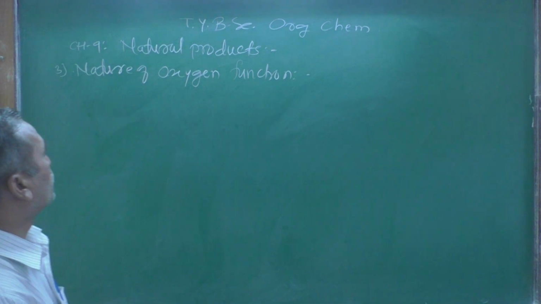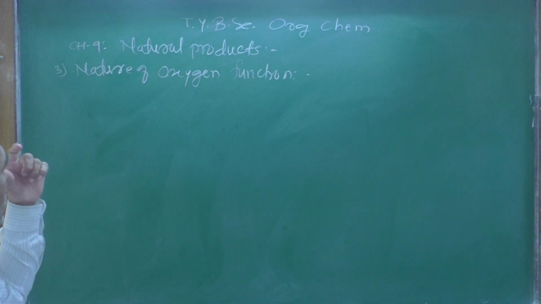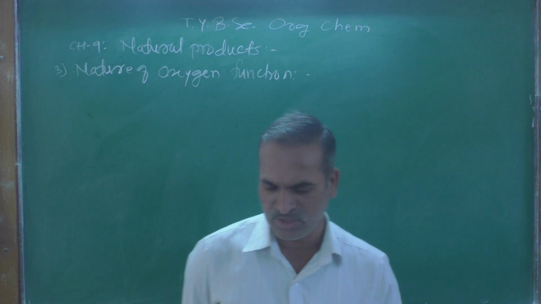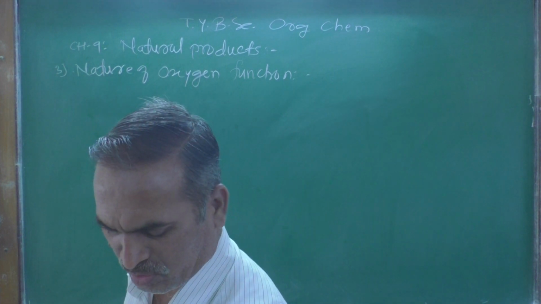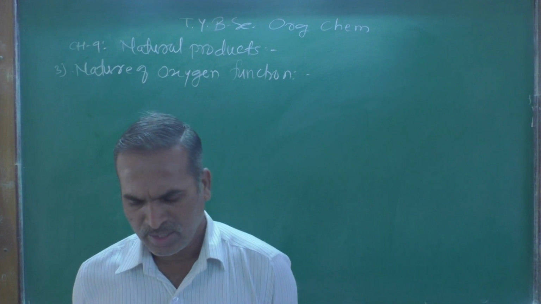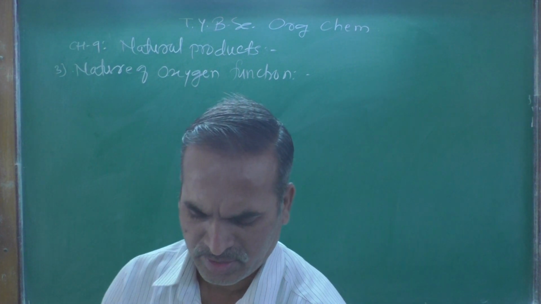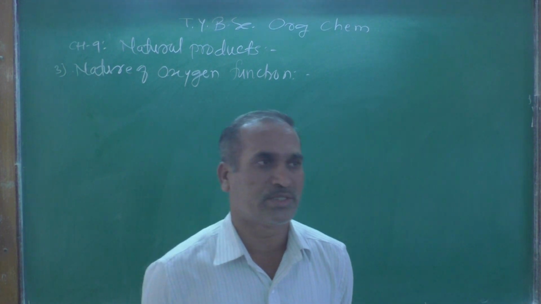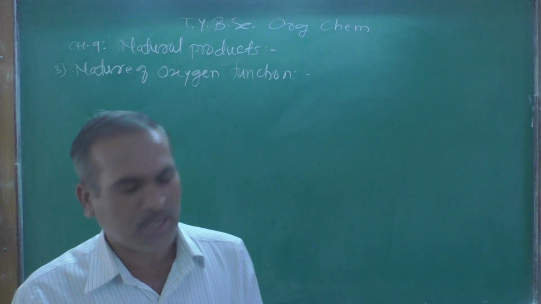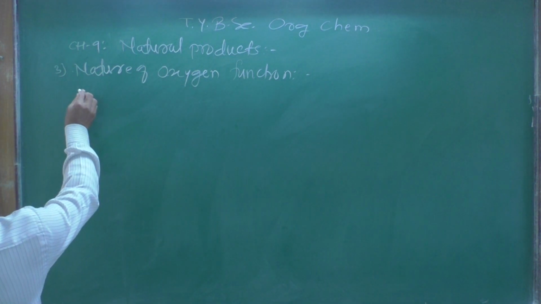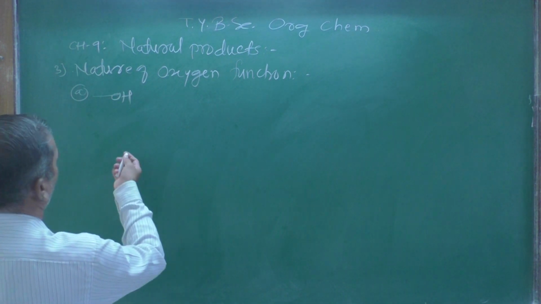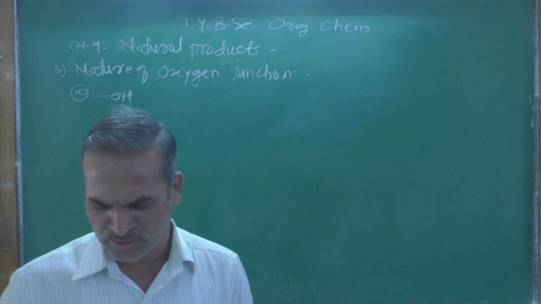So, today we are going to discuss the nature of oxygen function. In terpenoids, the oxygen atom, if present, may be like this. As the first one, it may be present as an alcoholic group, or hydroxyl group.